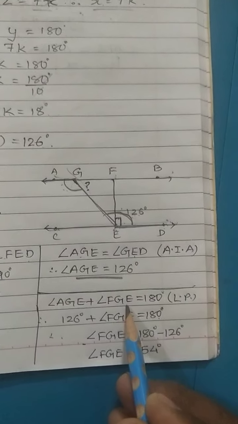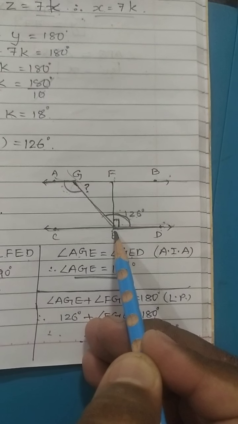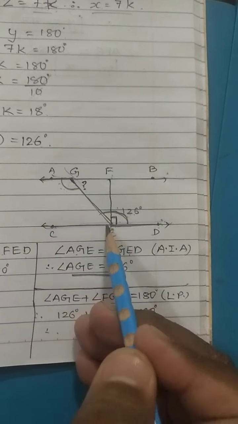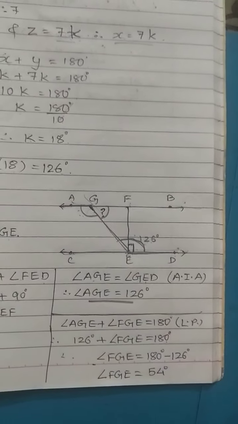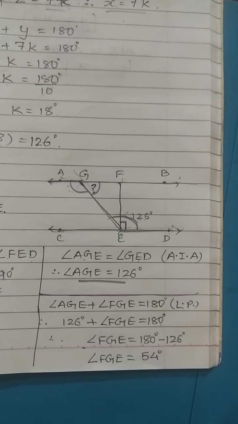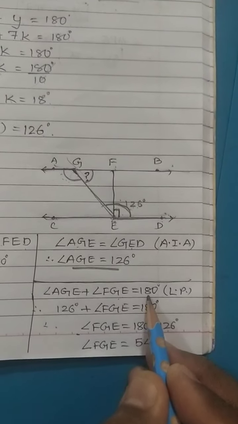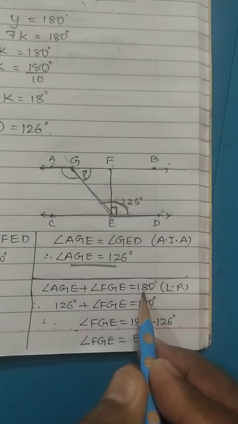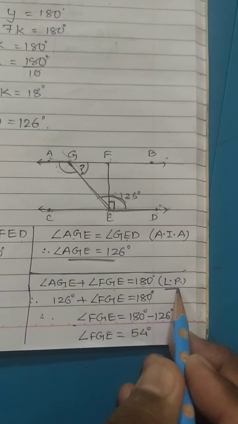Move on. AGE plus FGE, they form a linear pair of angles. So the sum of both of them is 180. See, I have written here, the sum of both of them is 180 due to linear pair.